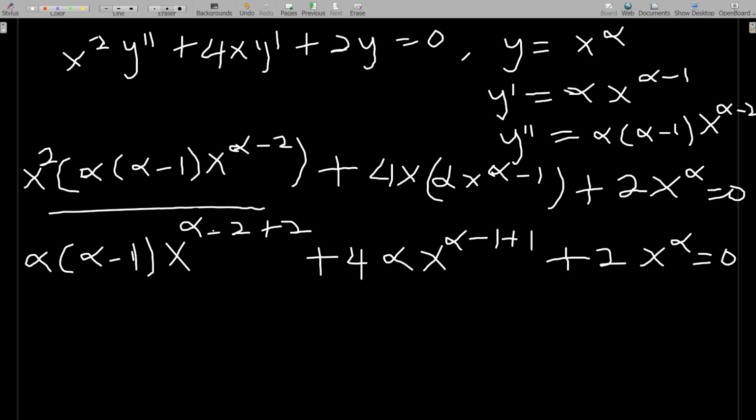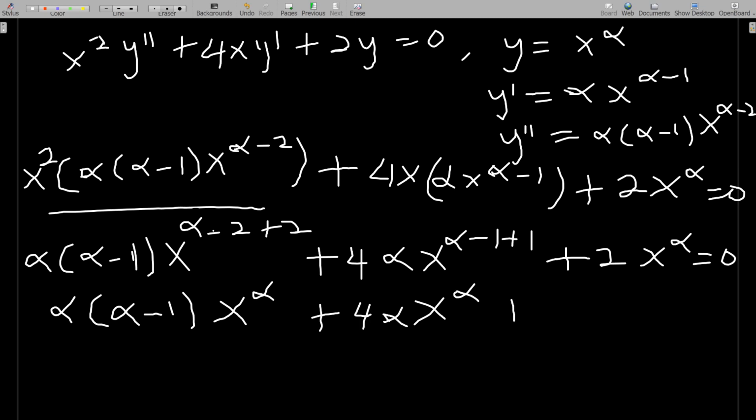Now you do this, and I have alpha into alpha minus 1 x to the power alpha plus 4 alpha x to the power alpha plus 2x to the power alpha, and this is equal to 0.